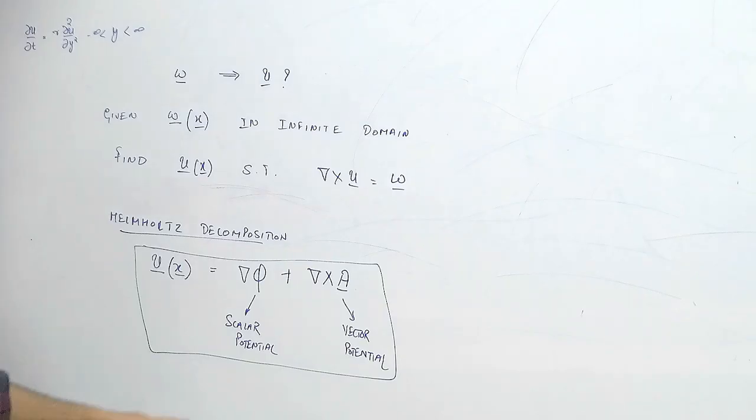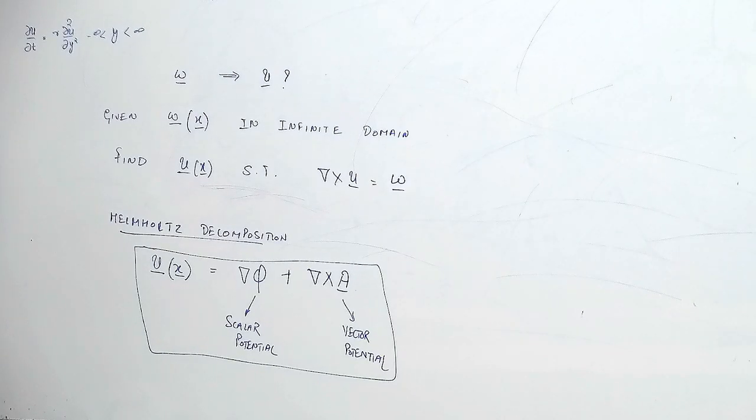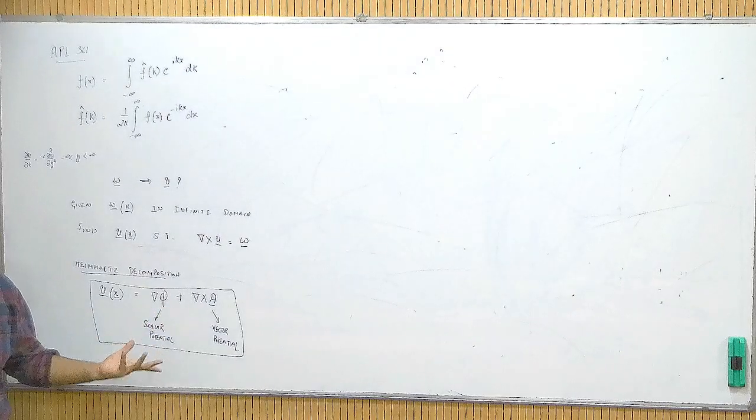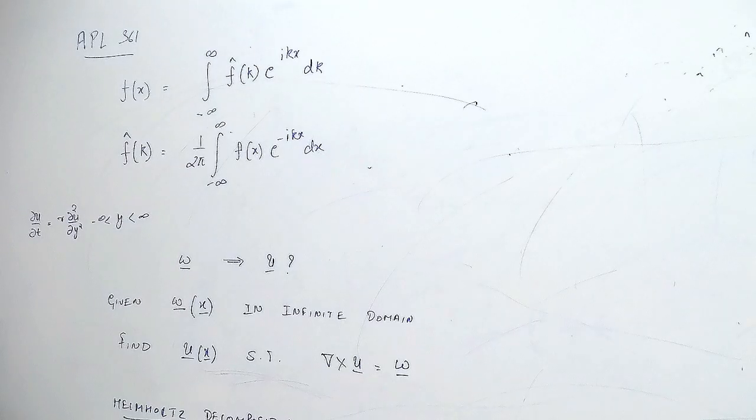Why can't I find a unique phi or a unique A just given this equation? This is a differential equation in phi or A, and I am not giving you any boundary conditions or anything.